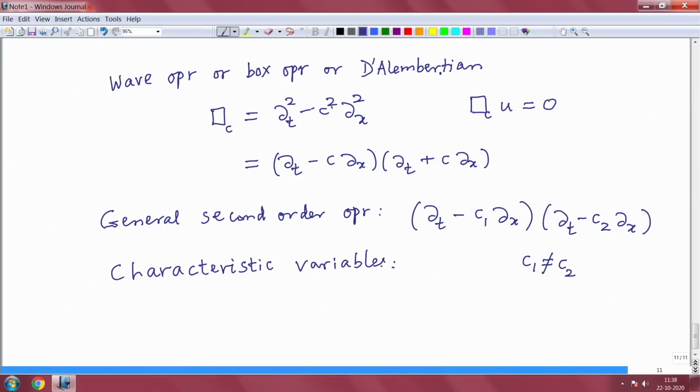There are two real and distinct characteristics. So, they are given by x plus C1t equal to constant, x plus C2t equal to constant.